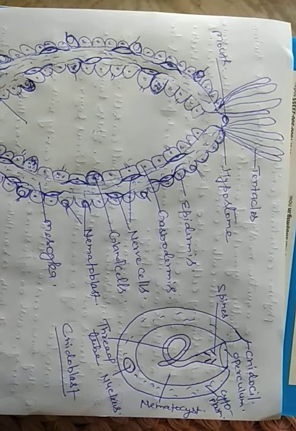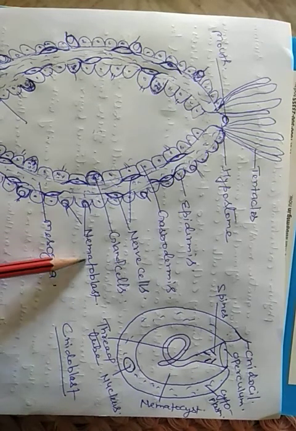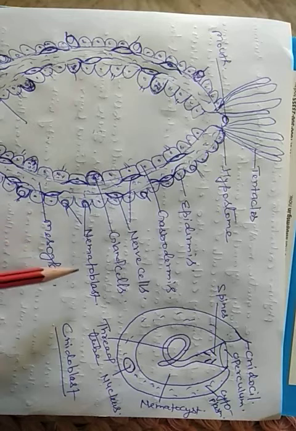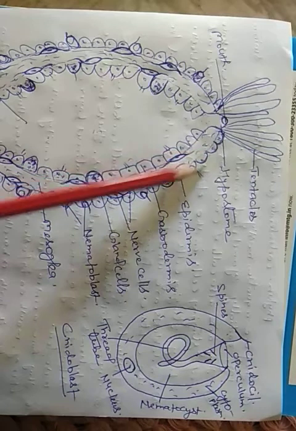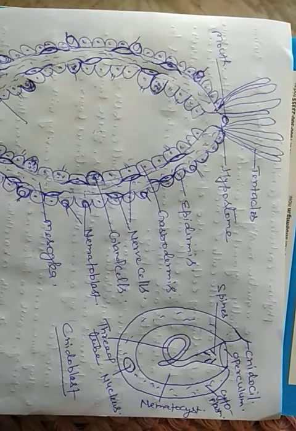What is the function of these nematoblast or cnidoblast cells? These are special cells that help in anchorage, which means attachment. They also help in offense and defense, and in food capturing. They are present in the epidermis, not in the gastrodermis.